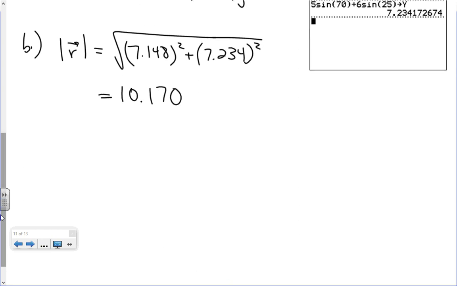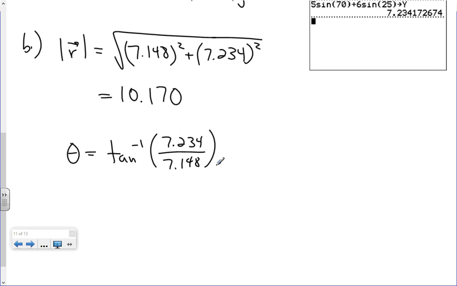The other part of this is to find the direction. To find the direction of this vector, I'm going to call it theta. That's the arctangent, but I'm going to jump to the next step: the tangent inverse of 7.234 over 7.148, plus 180n. To find your value of n, consider where the resultant vector would be. If I've got an x value of 7.1 and a y value of 7.2, that sounds like quadrant number 1.